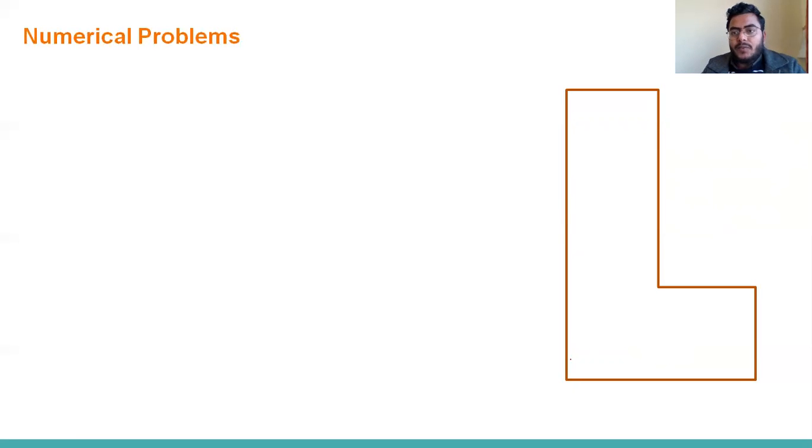So we always have to choose what reference we are taking. I'm taking this reference, for example: this is y and this is x. Suppose the centroid is somewhere here. This distance will be y bar, and this distance will be x bar.